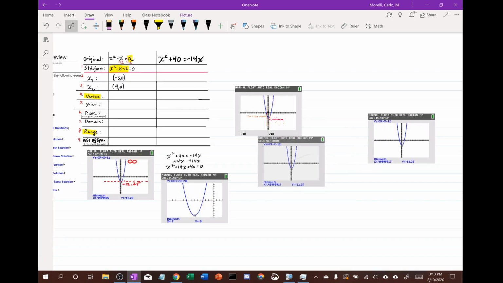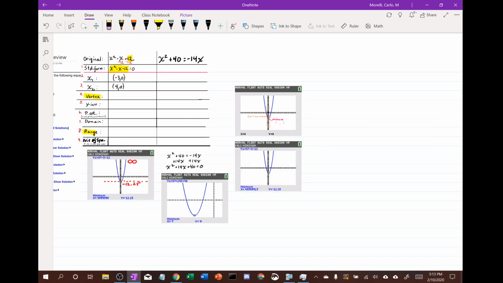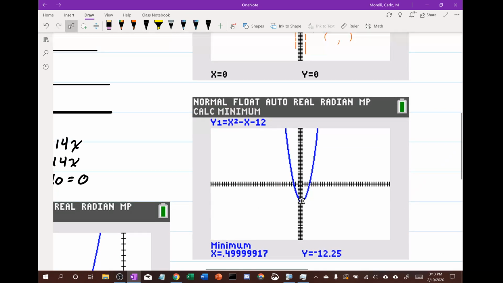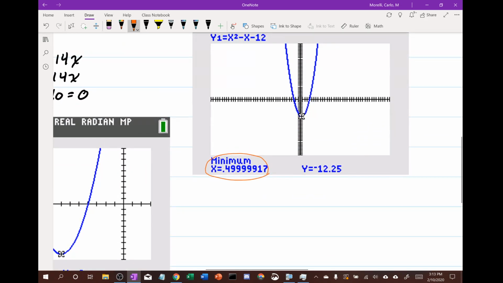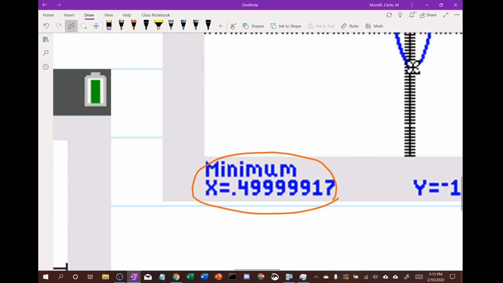Okay, let's talk about this minimum here. What do you think this is going to be like if it was multiple choice? Some of you are more familiar with these calculators than others. Sometimes it spits out a number like this, and you have to know that it really means x equals.